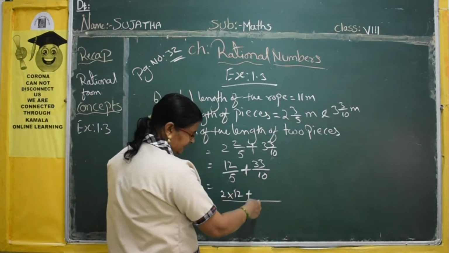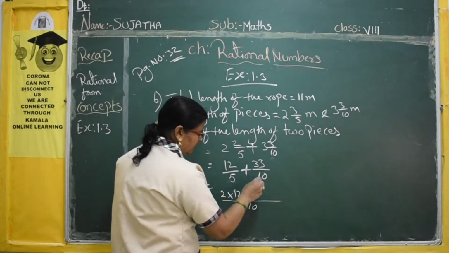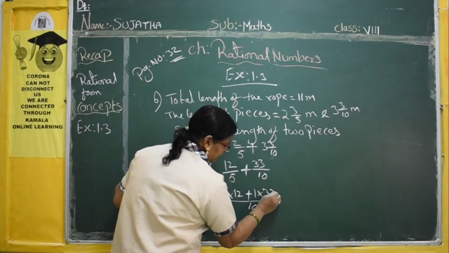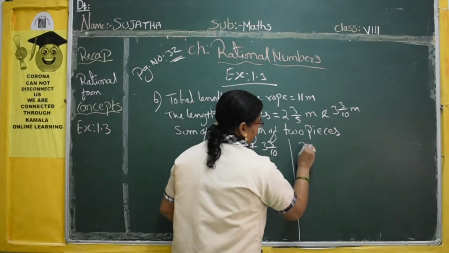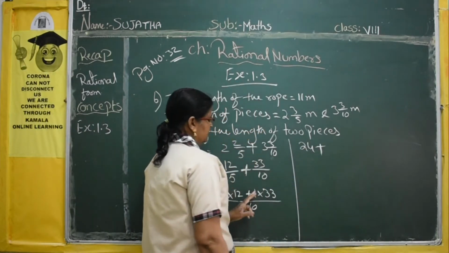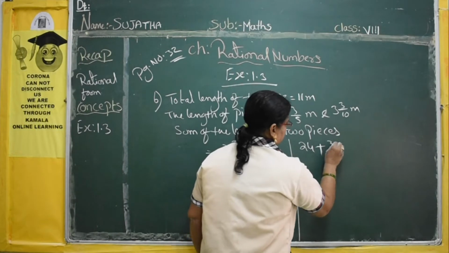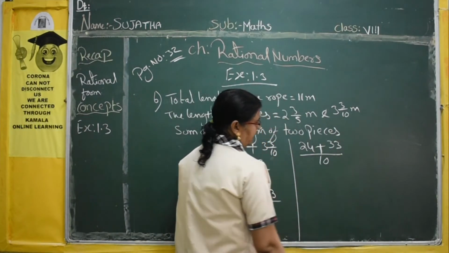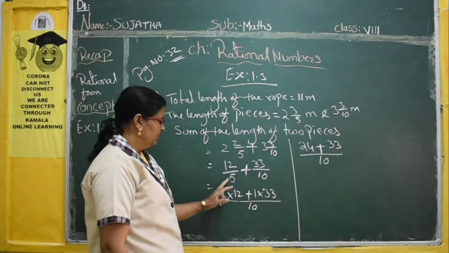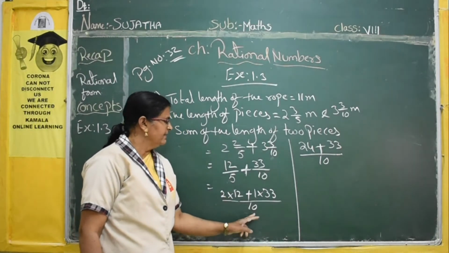In 10 table, 10 will come 1 time, so 1 into 33. That equals 2 12s are 24 plus 1 33s are 33 by 10. Understood?